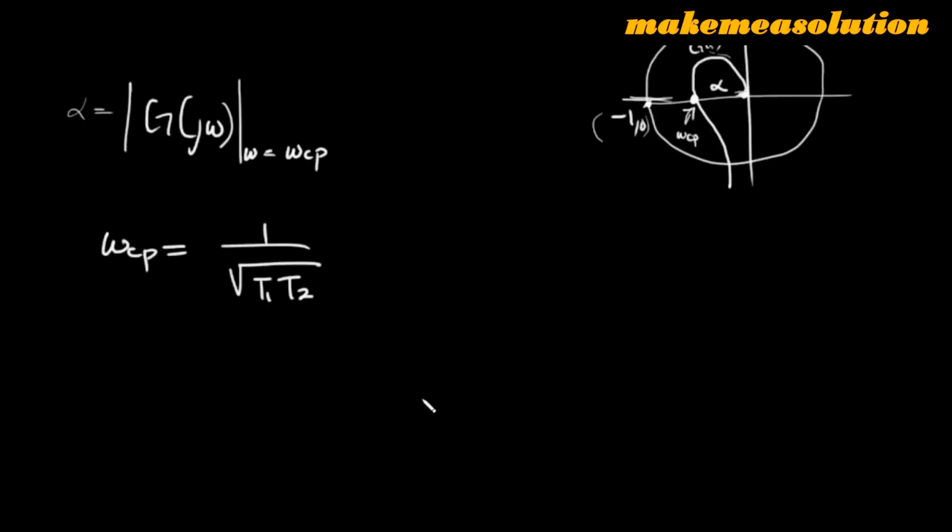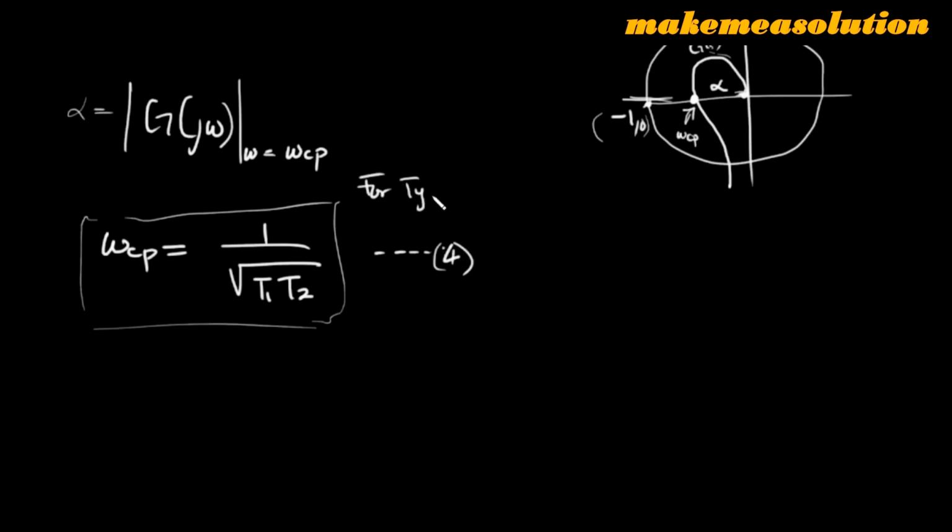But I'm going to show you another interesting way to still arrive at this answer, for those of you that might want to be a little theoretical in exam instead of using a formula. So I'll show you how to arrive at this answer, but I'm just going to make this statement as, let's say, equation 4, and for a type 1 system, the following formulas hold.